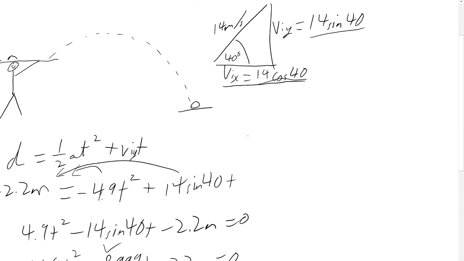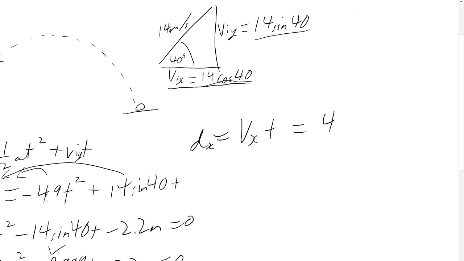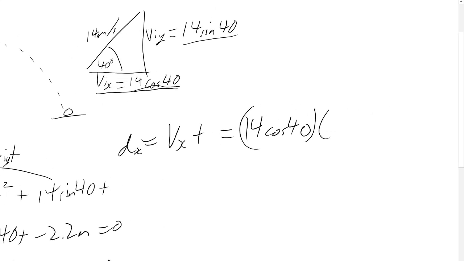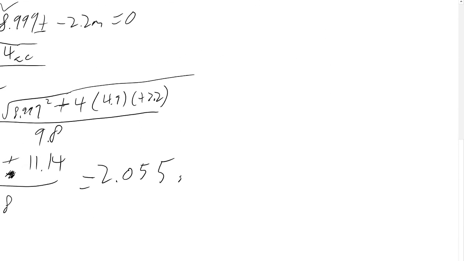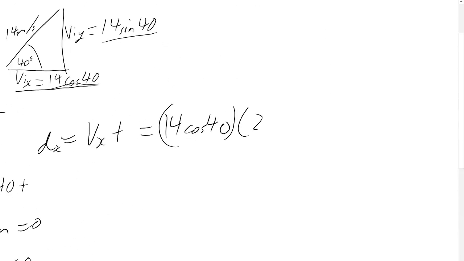So to find the distance, it's just dx equals Vx times t. Vx is 14 times cosine 40 and times t, which was 2.055 seconds.